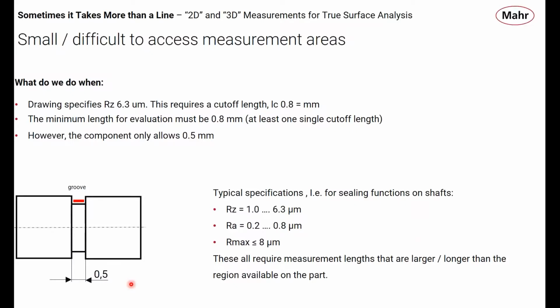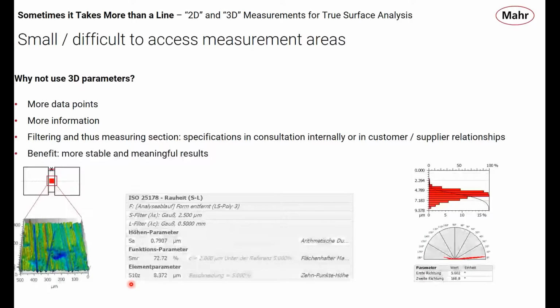The solution I am proposing is we use a 3D parameter, simply because of higher data density. Even though we're limited to a half of a millimeter wide, we have a lot more information going around the circumference of that, even compared to doing 5 or 6 or 7 stylus traces.